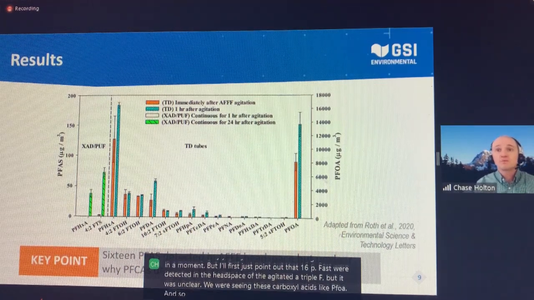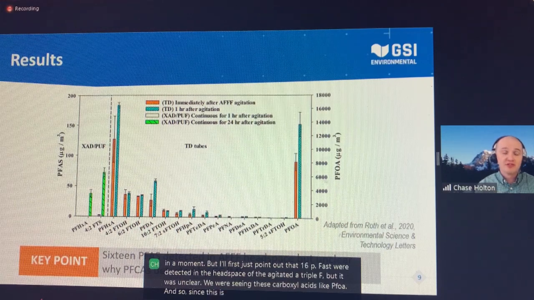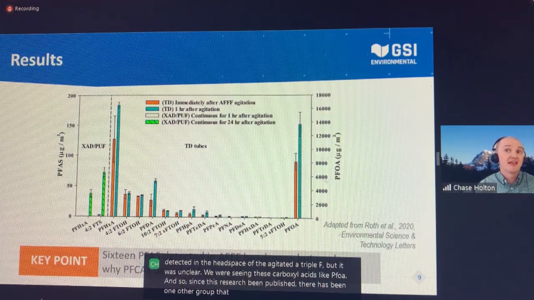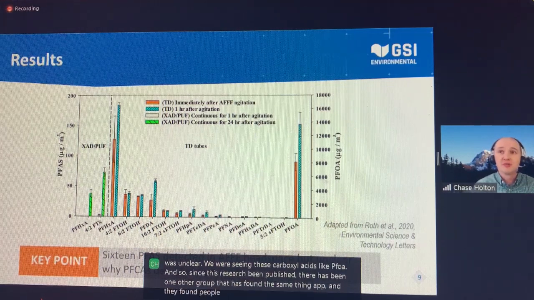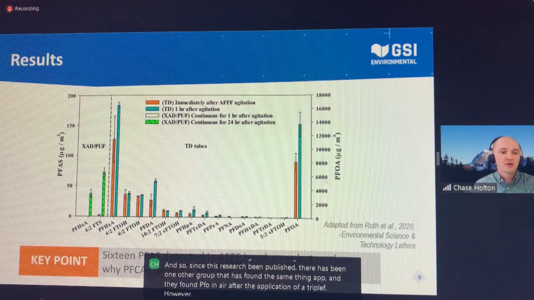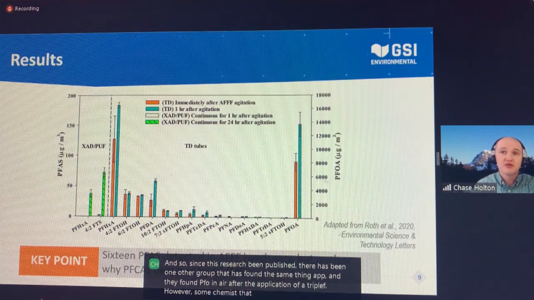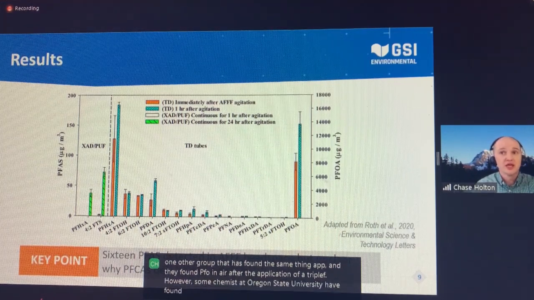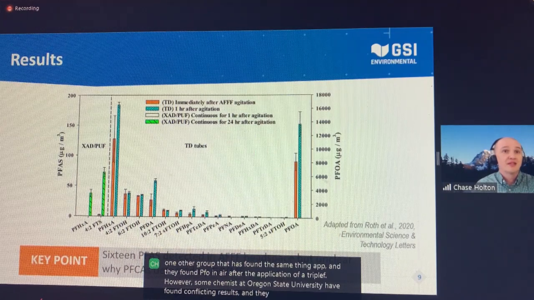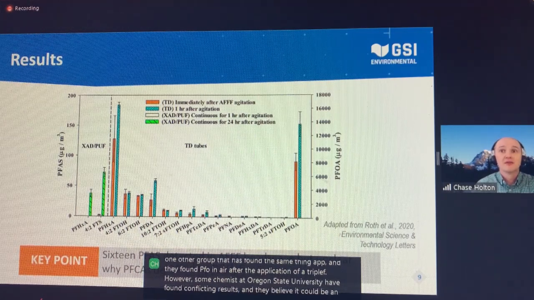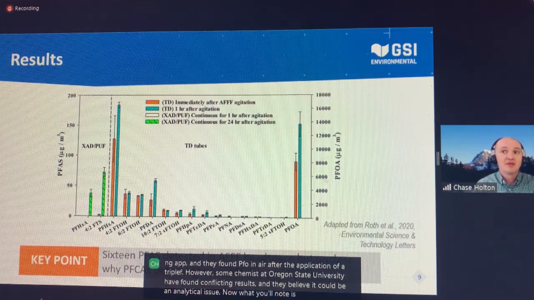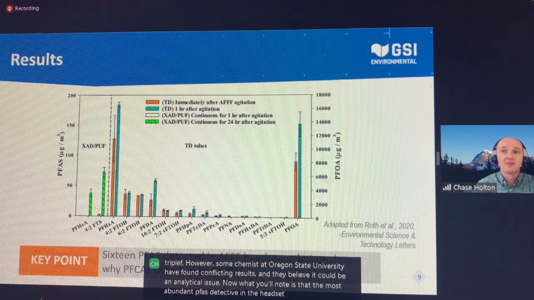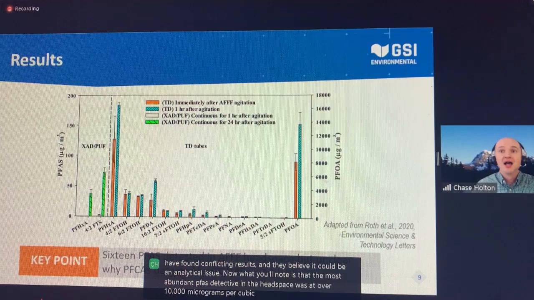Since this research has been published, there has been one other group that has found the same thing, and they found PFOA in air after the application of AFFF. However, some chemists at Oregon State University have found conflicting results, and they believe it could be an analytical issue. What you'll note is that the most abundant PFAS detected in the headspace was PFOA at over 10,000 micrograms per cubic meter.